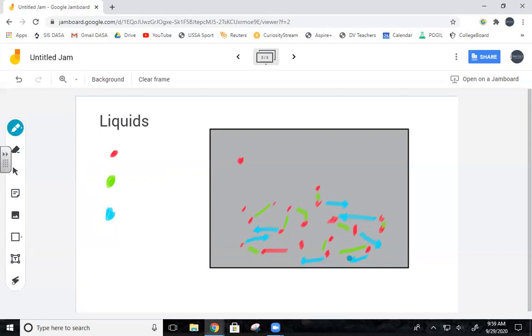Okay? So we have particles that are bonded together, but only for a short amount of time as they flow past each other. But they still stick into one cohesive thing.